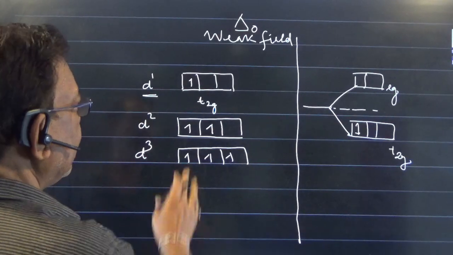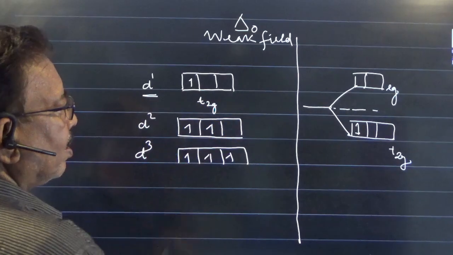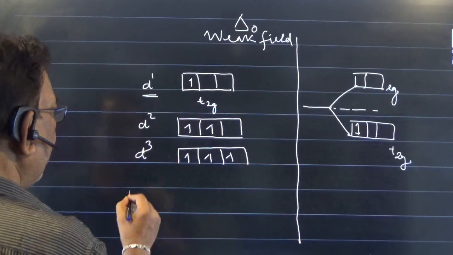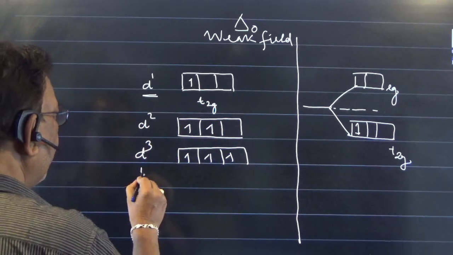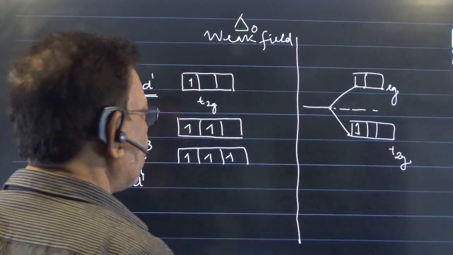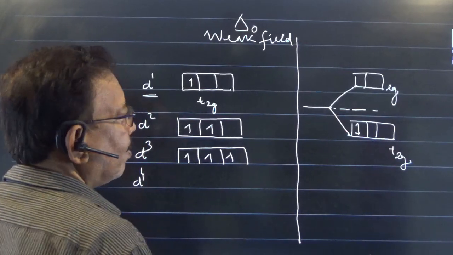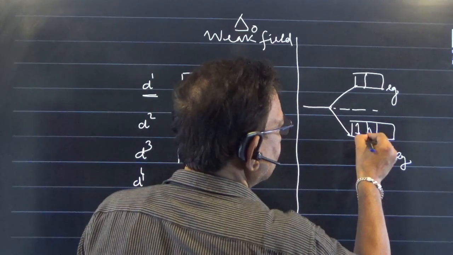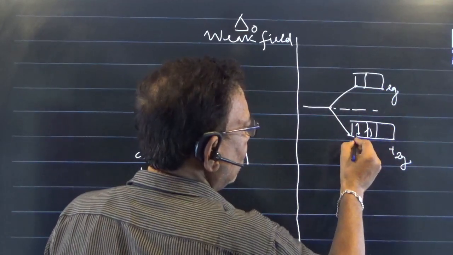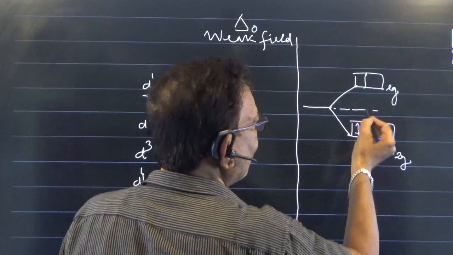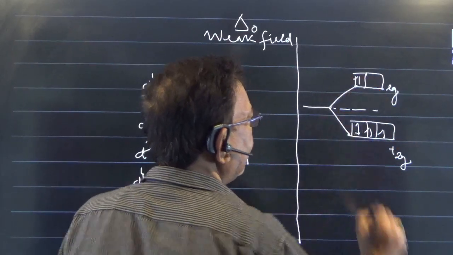Did you understand this one? Yes, sir. Now I will come to D4. D4 means the total number of electrons is 4. So first, second, this is a rough one, 1, 2, 3, and the fourth one will come at Eg.